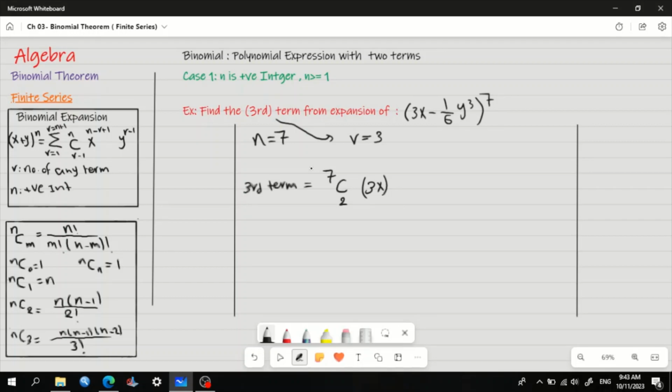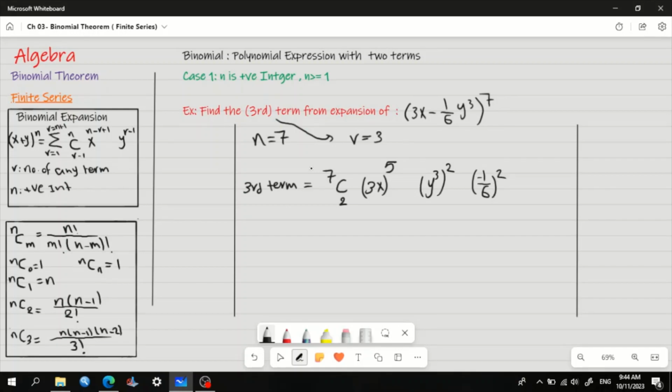So here we have 3x to the power 5, and here cubic y to the power 2 and negative 1 by 6 to the power 2.